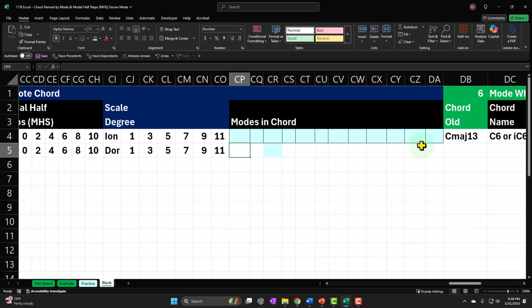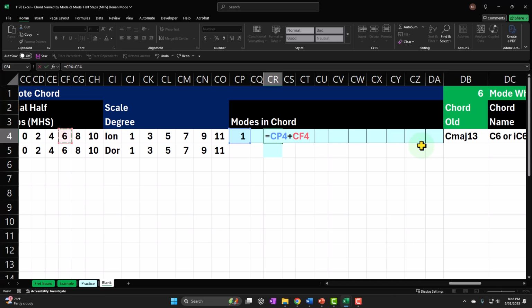On the Ionian, we started on the mode of, let's just say, the 1, and then it's gonna be equal to 1 plus 2, and then 1 plus 4, and then 1 plus 6, and then 1 plus 8, and then 1 plus 10.